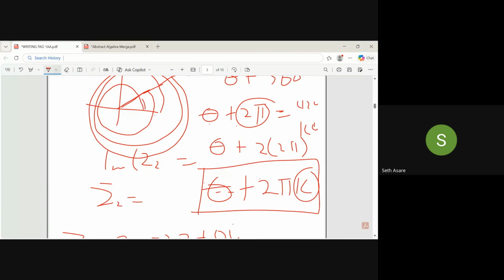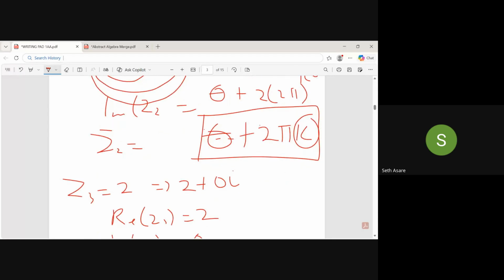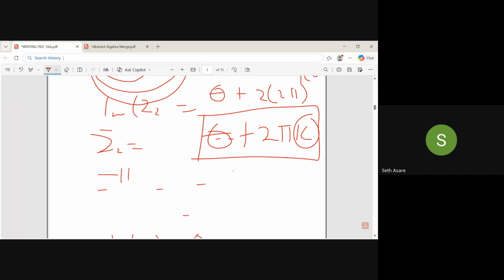So we should have a formula which we can use to search for all the angles that we need. But in this, we are restricting ourselves here to a principal one. We are saying that we are restricting ourselves to only negative pi up to where? Pi.